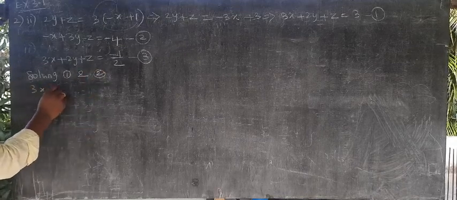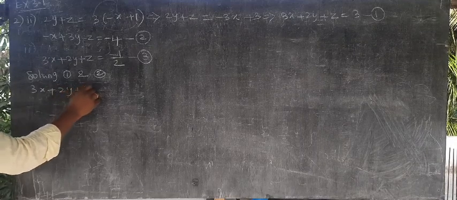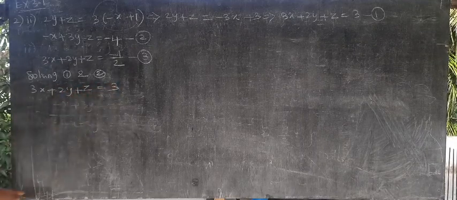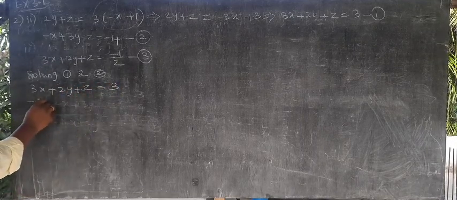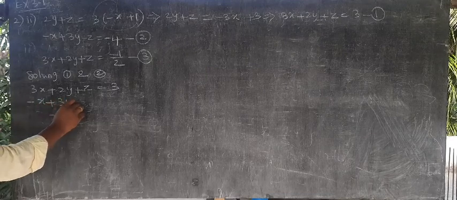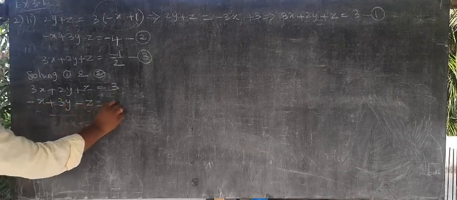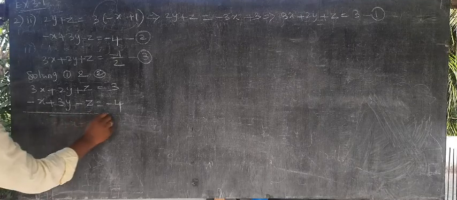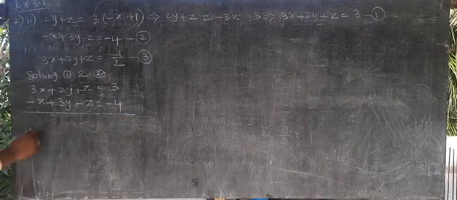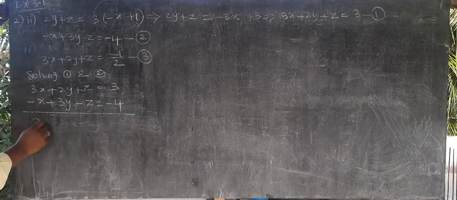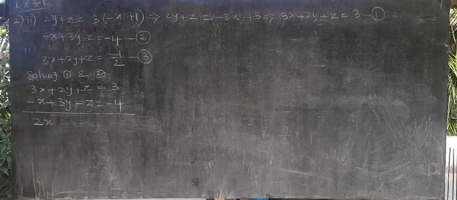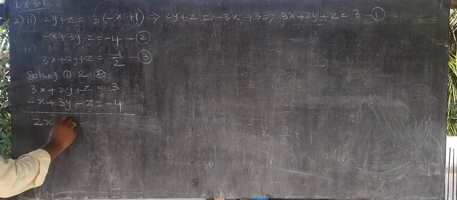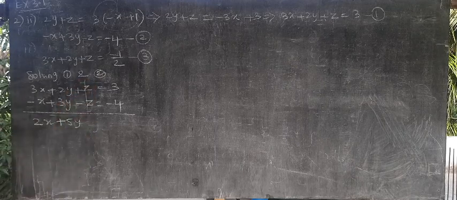3x plus 2y plus z equal to 3, minus x plus 3y minus z equal to minus 4. This gives 3x minus x, 2x; 2y plus 3y, 5y; plus z minus z will be cancelled.